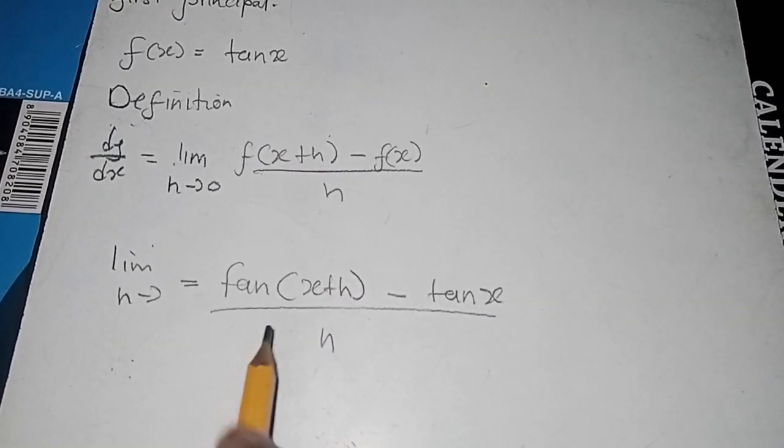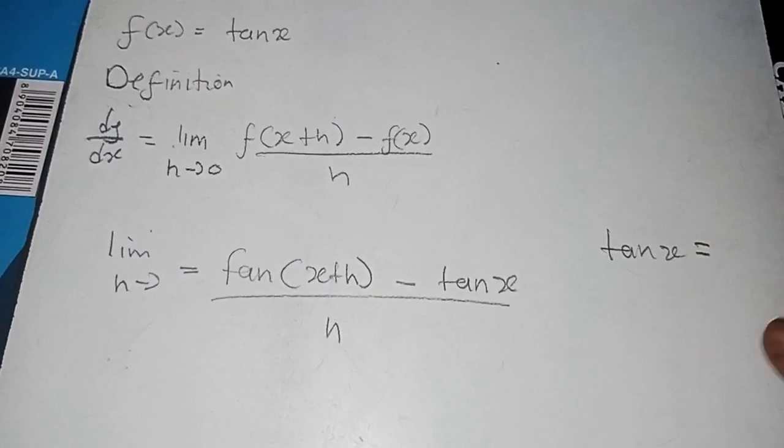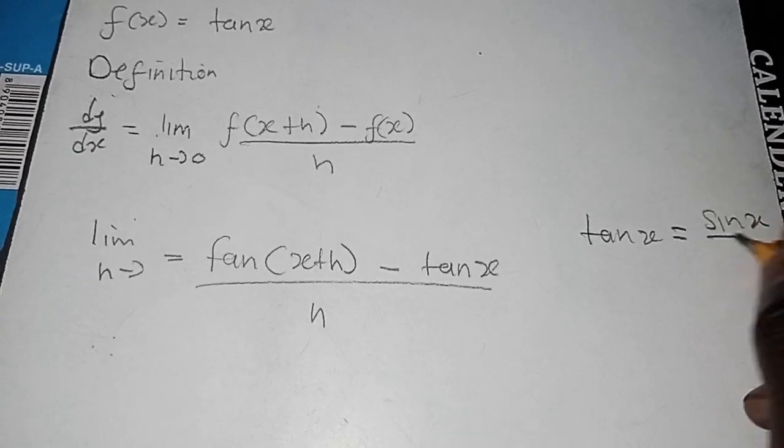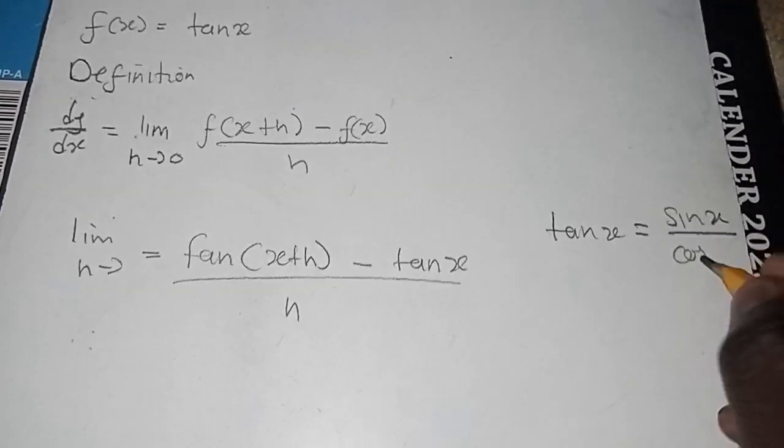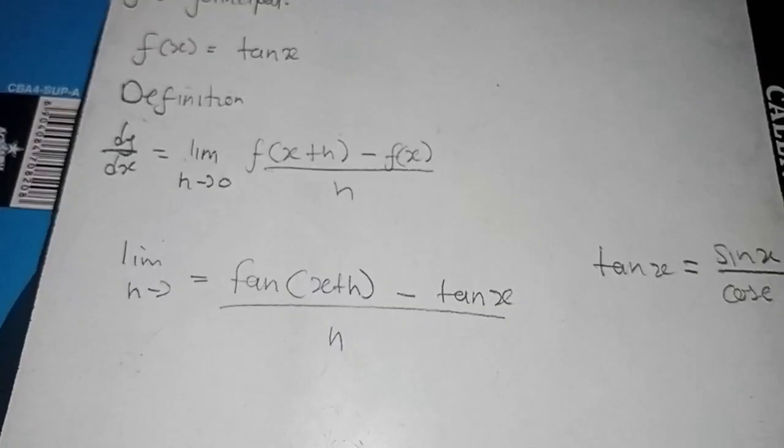We know that tan x is equal to sine x over cos x. So we're going to replace that with what we have here.